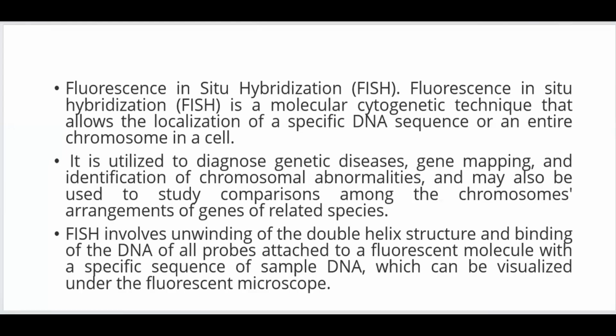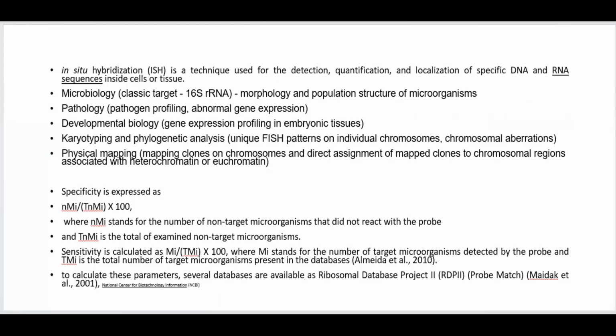So here it is just the summary of the technique which would help you to understand what it is about, right? So next comes the point, in situ hybridization. When I say I can use 16S rRNA also, right? Which is very much applicable in sequencing and identification and classification, taxonomy, etc.